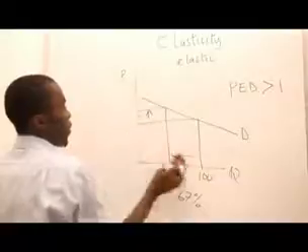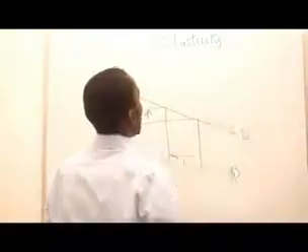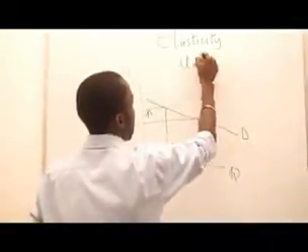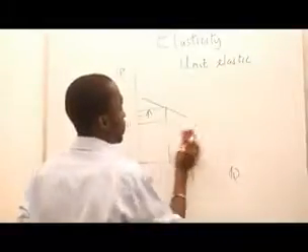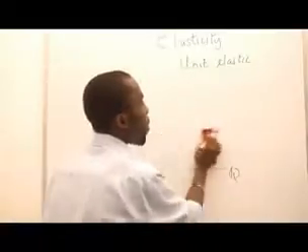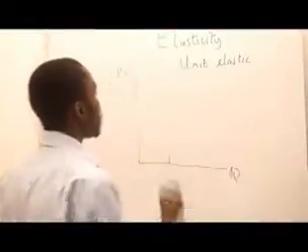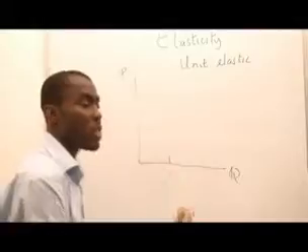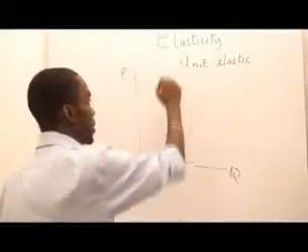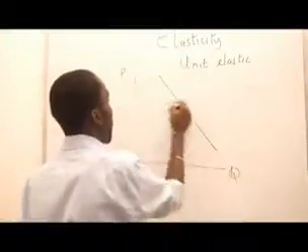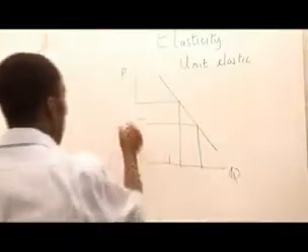Okay. And then our third scenario is where we have unit elastic demand. And for this case, we are saying that there is a 1-to-1 response between price and quantity demanded. So that if price increases by 20%, we should expect that quantity will decrease also by 20%. So that the change in price will exactly be the same magnitude change in quantity.